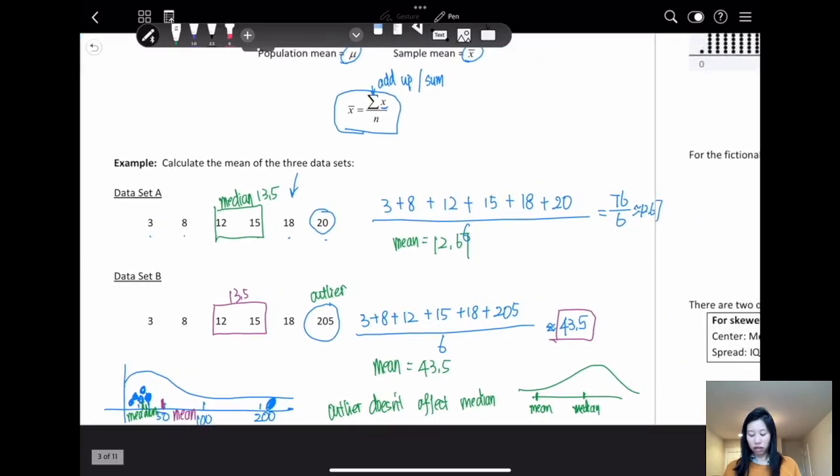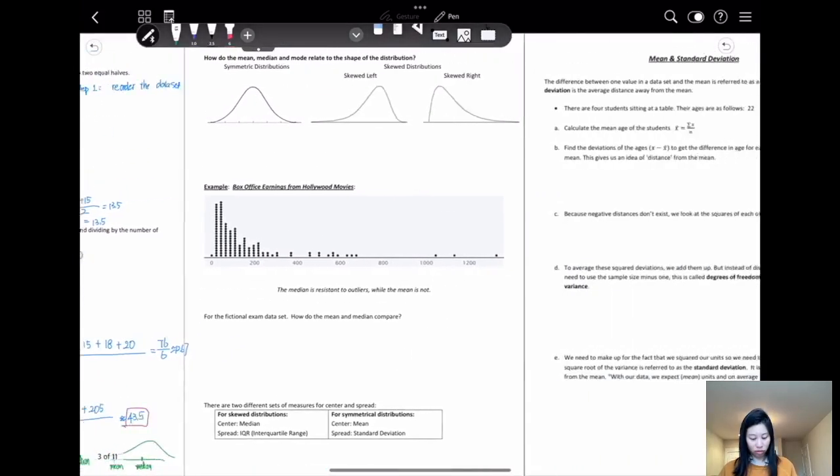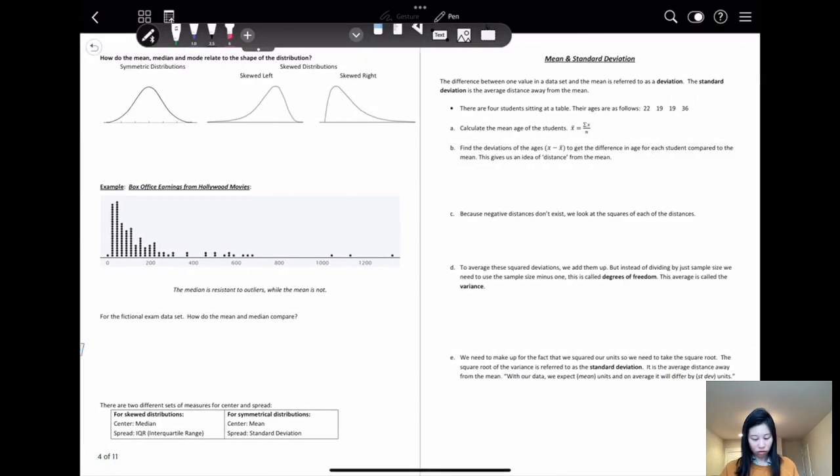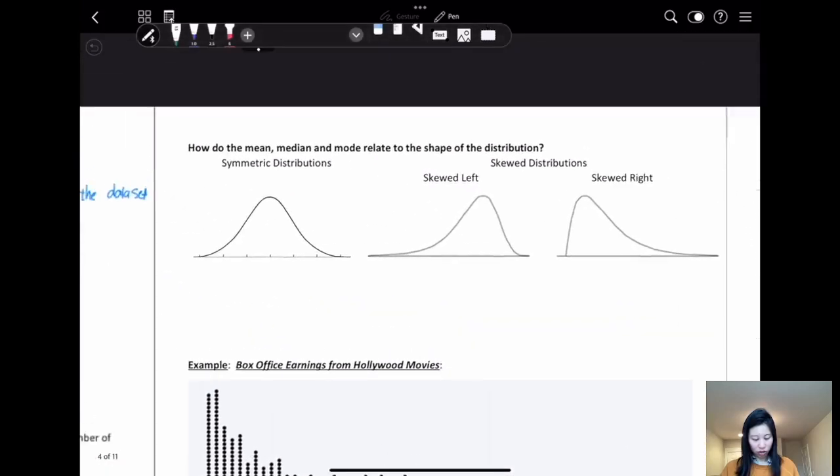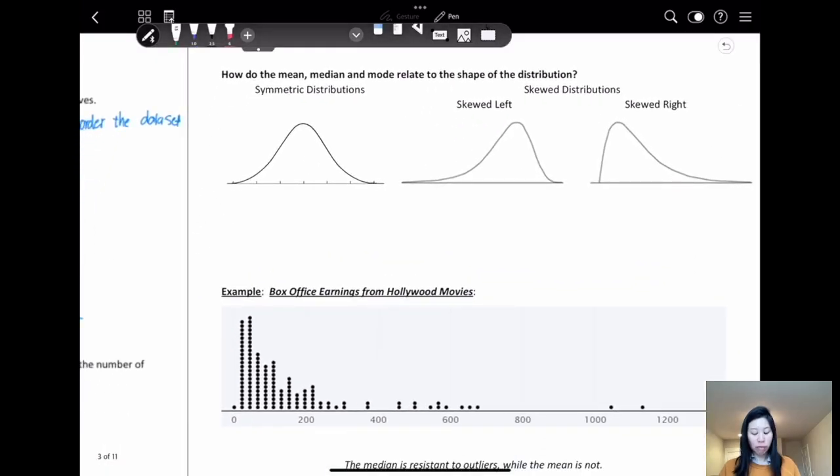So now let's think about this question. How do the mean, median, and mode relate to the shape of the distribution? So think about it. If it's symmetric, that means the mean and the median are going to be really close to each other or even overlap, right?